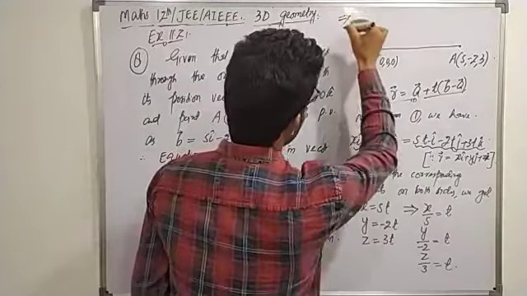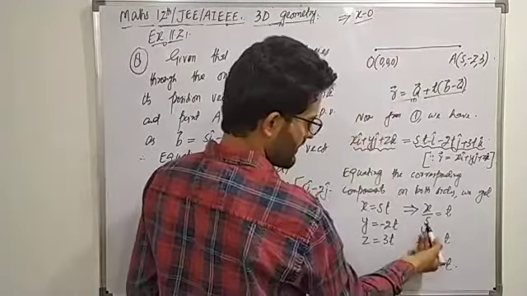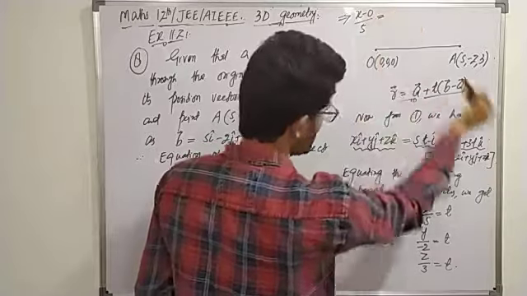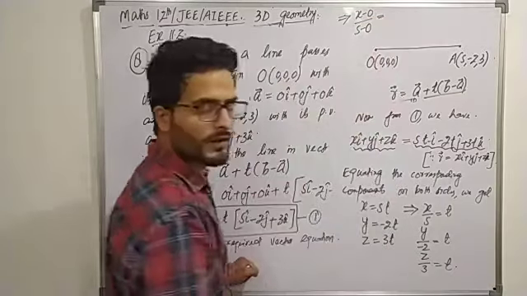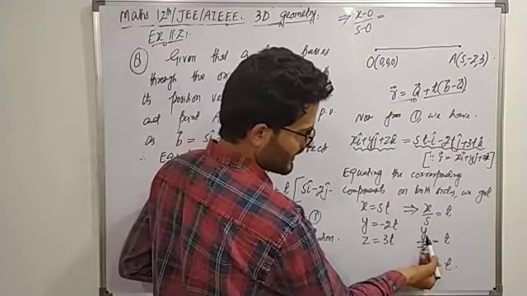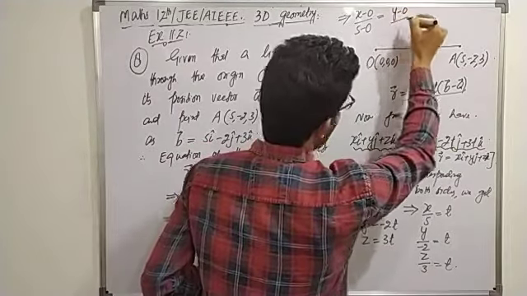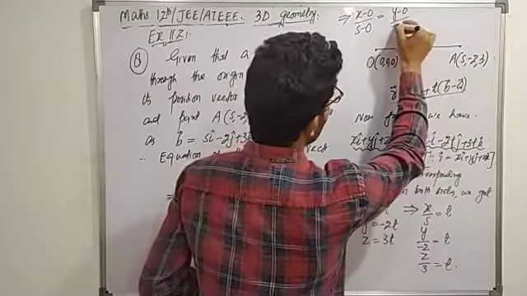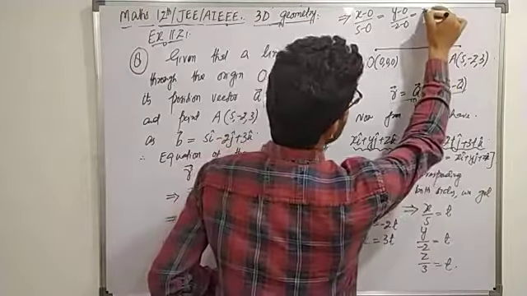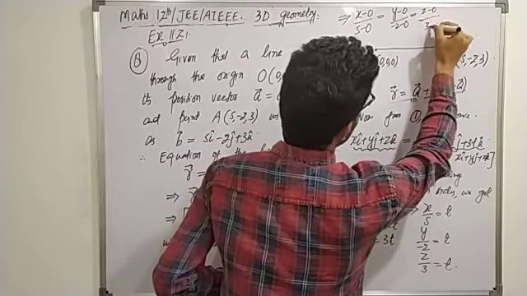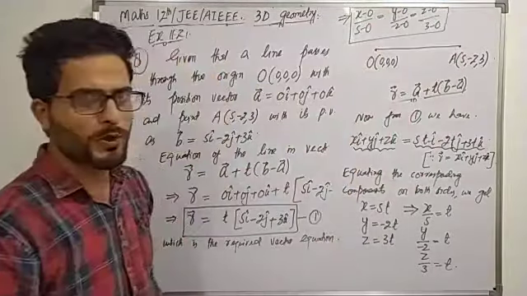So implies यहां से क्या मिलेगा? ये x है तो इसको लिख सकते हैं x minus 0 divided by 5, 5 minus 0. Clear? Similarly आपके पास y divided by minus 2 है तो लिख सकते हो y minus 0 divided by minus 2 minus 0, and that's equal to z by 3 means z minus 0 divided by 3 minus 0.